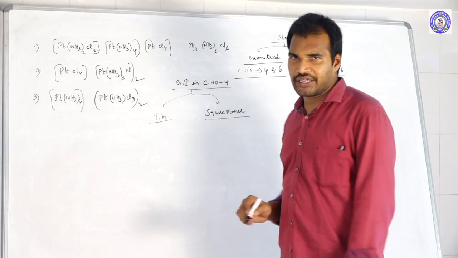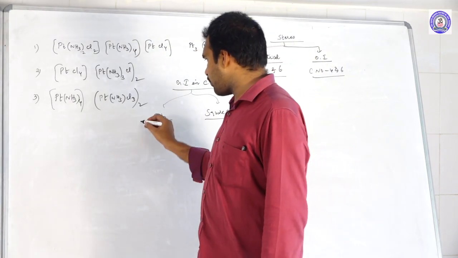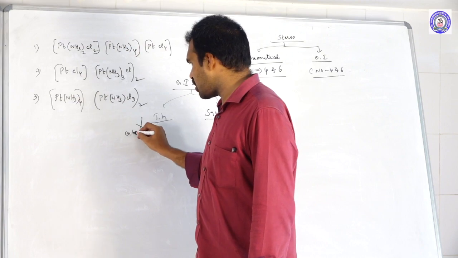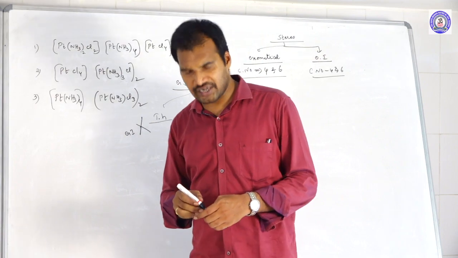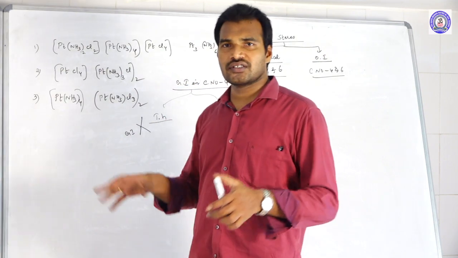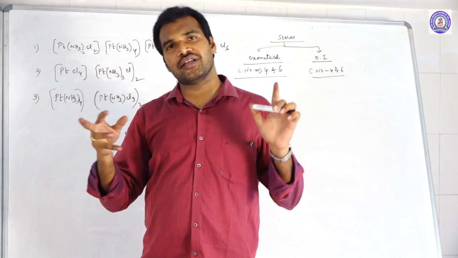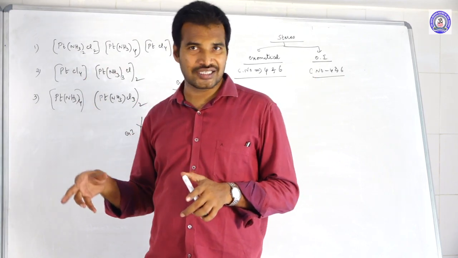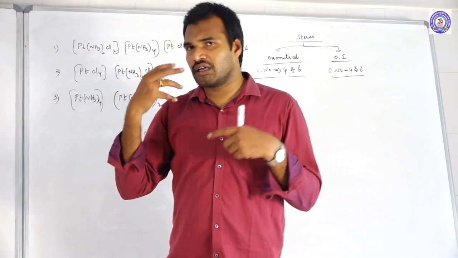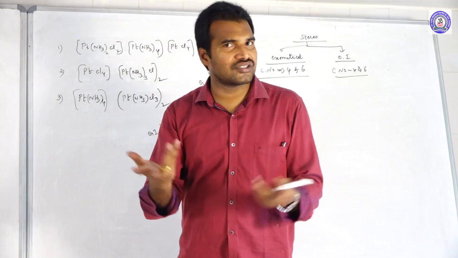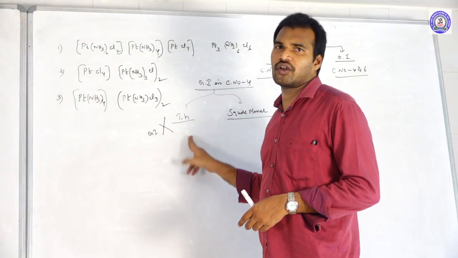Remember that tetrahedral complexes will not show geometrical isomerism. What is the reason? Because in tetrahedral complexes there are 4 bonds, all at 109 degrees 28 minutes to each other. If you change the positions, they will come into the same position again. If the same position comes even after rotation, they will not show isomerism. That is why tetrahedral complexes will not show geometrical isomerism.